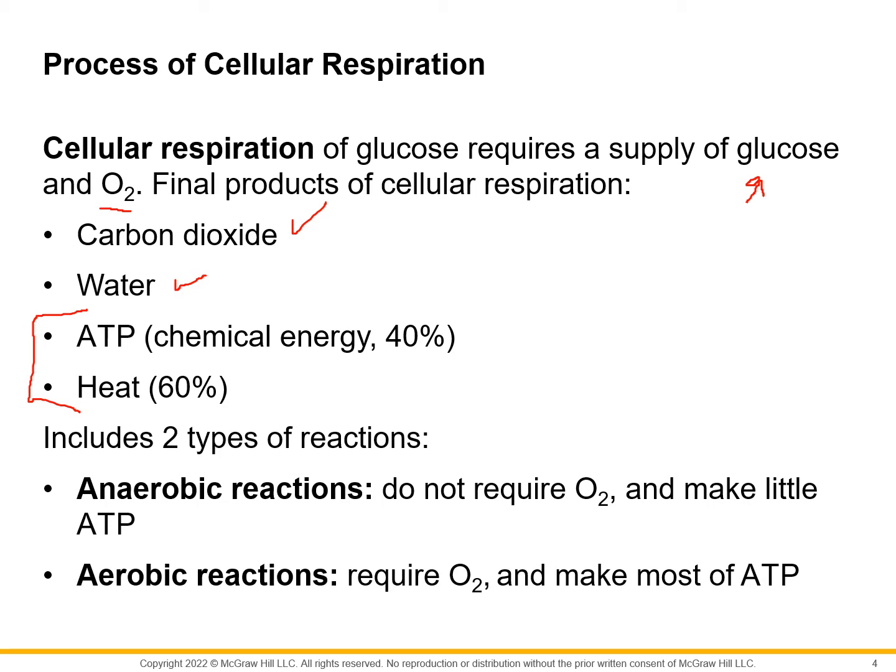Now, one other thing that you won't see here is that as this happens, we'll end up having a decrease in pH or an increase in acidity. But the 2 big things that I want to point out here that will be good to remember for later are carbon dioxide and heat.